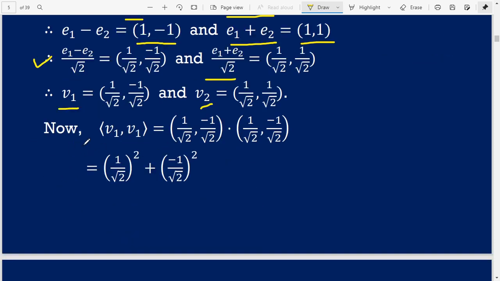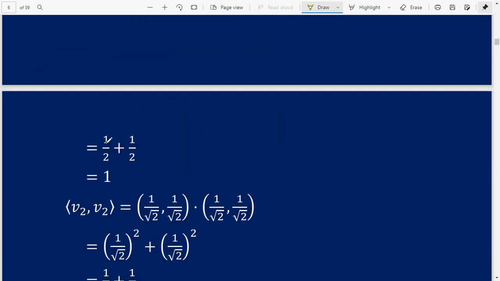Now the inner product of V1 with V1 is equal to (1 upon under root 2, minus 1 upon under root 2) dot (1 upon under root 2, minus 1 upon under root 2), which is (1 upon under root 2) square plus (minus 1 upon under root 2) square, equal to 1 by 2 plus 1 by 2, equal to 1.